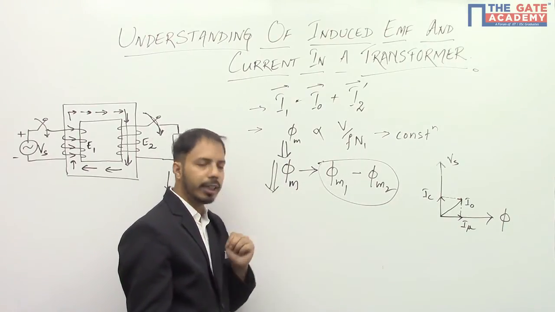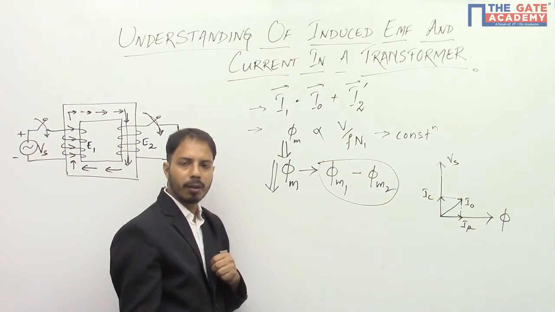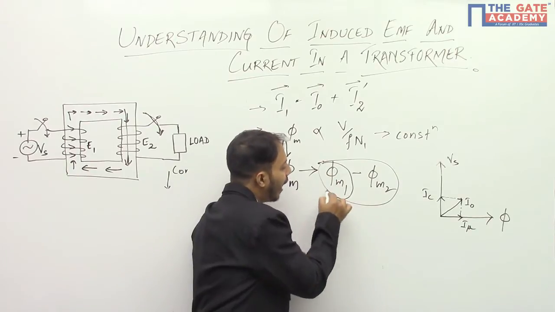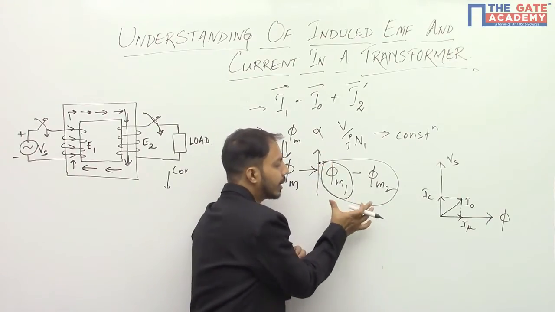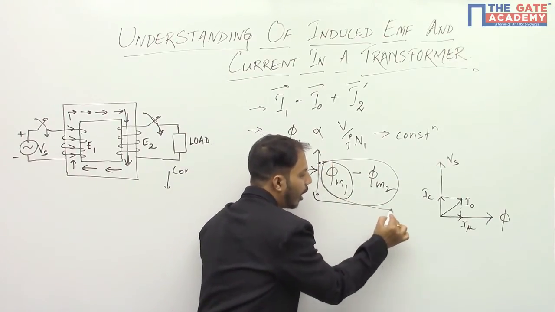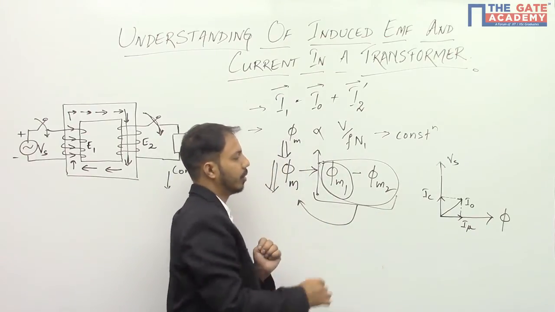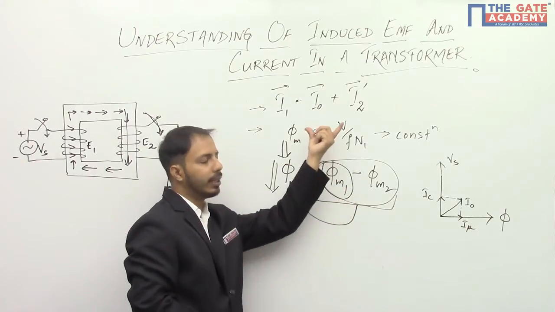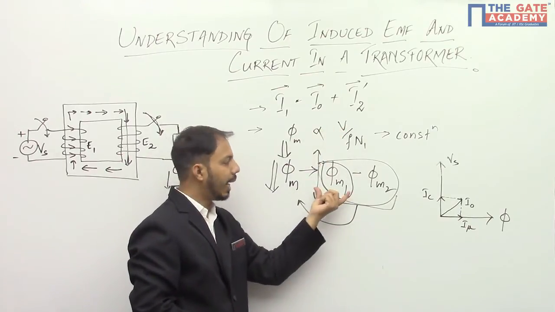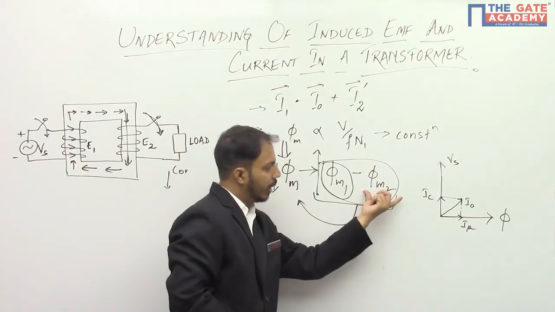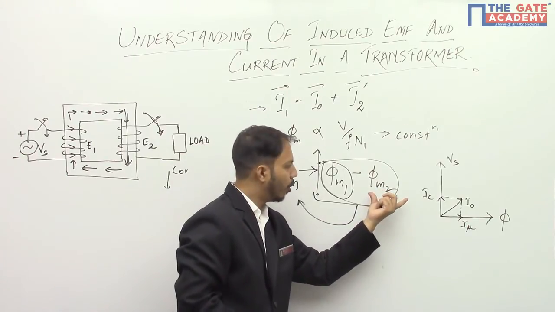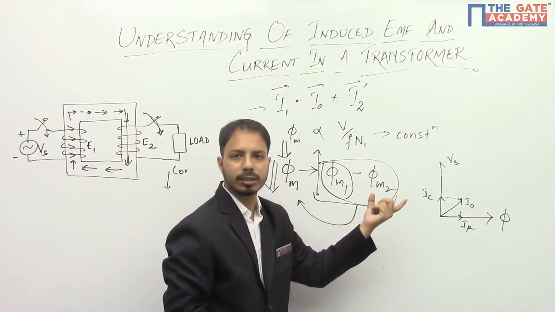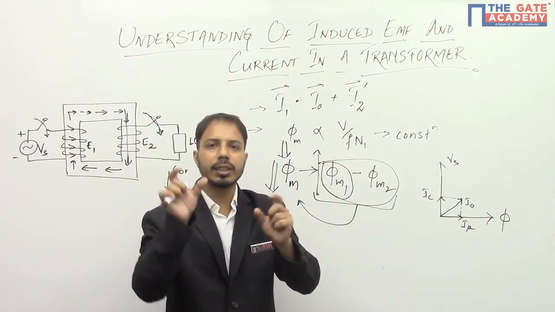So this particular value should increase so that the ultimate value is constant. So now this phi m1 should increase so that it can balance the secondary flux, so that the difference is always constant.